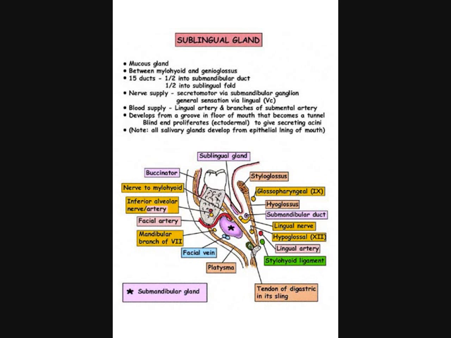At first it's between the mylohyoid and the hyoglossus, and then it lies subsequently between the sublingual gland and the geniohyoid. It opens into the floor of the mouth alongside the frenulum. In total it produces some 70% of all the saliva. As with the sublingual gland, it has its secretomotor supply from the chorda tympani, carried by the lingual nerve.